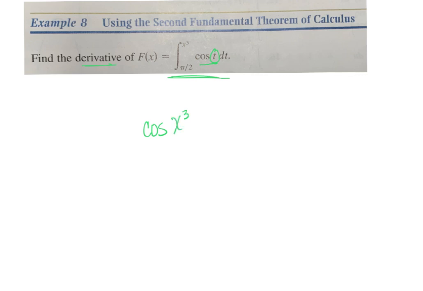And in this case, I have to consider the derivative of x cubed. Think of it almost like the chain rule. I have to multiply by the derivative of x cubed, which is 3x squared. So for my final answer, you typically want to put this guy in front. So I would say 3x squared cosine of x cubed.